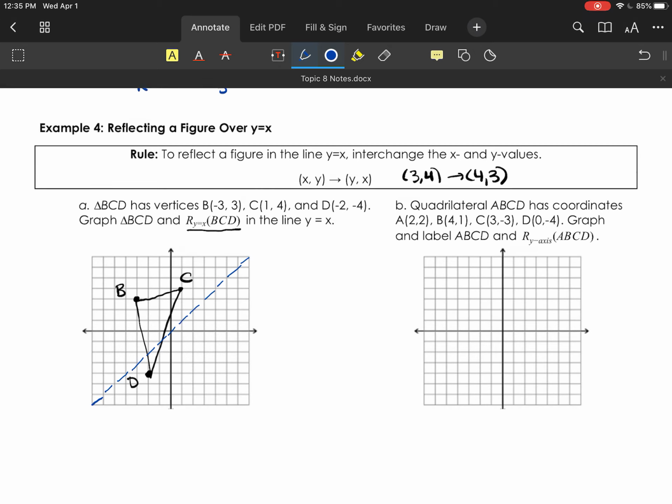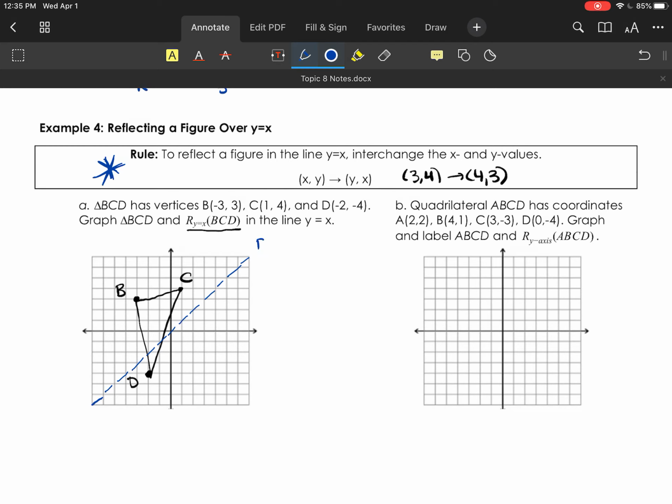So it's a little bit harder to figure out where to put your image points, like B prime, C prime, D prime. That's why I would stick to using this rule right here, doing it using the points instead. It is harder to do this one visually.